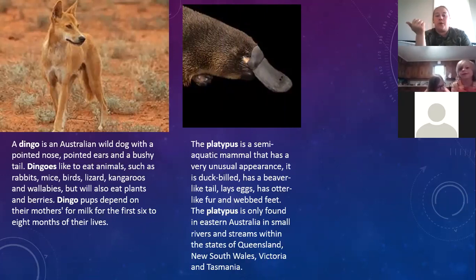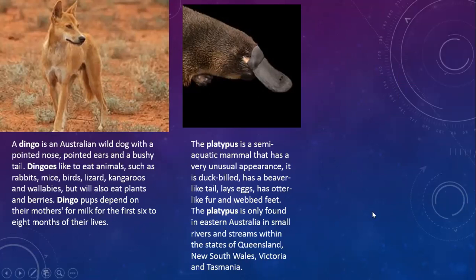It is duck-billed, has a beaver-like tail, lays eggs, has otter-like fur and webbed feet. The platypus is only found in eastern Australia and small rivers and streams within the states of Queensland, New South Wales, Victoria, and Tasmania.